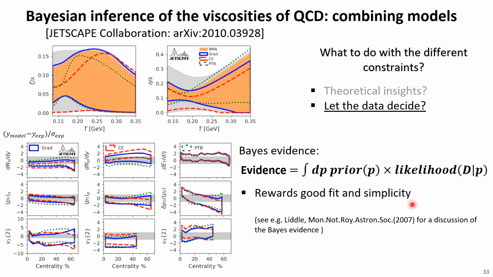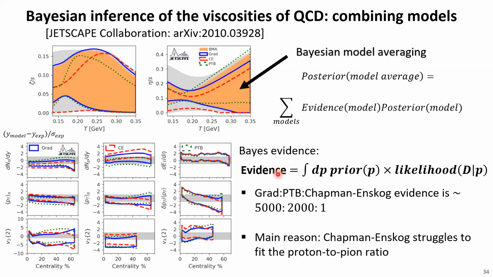So it's good to have a quantity that gauges both how well you fit data and how many parameters you're using. It's not really a chi-square per degree of freedom, but you can think of it as an analogy. There's a very nice discussion in this paper if you're interested.